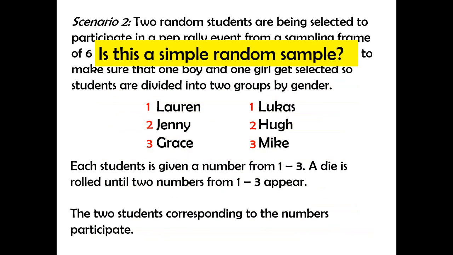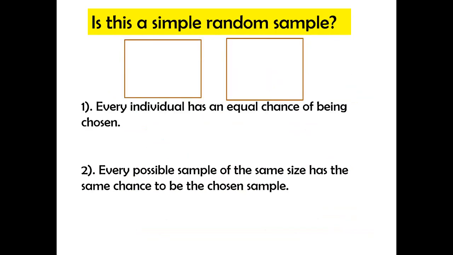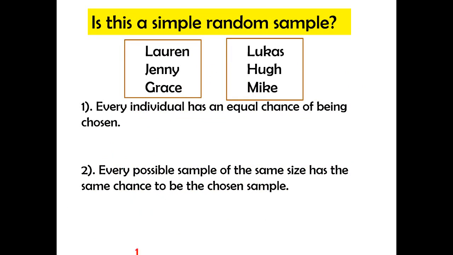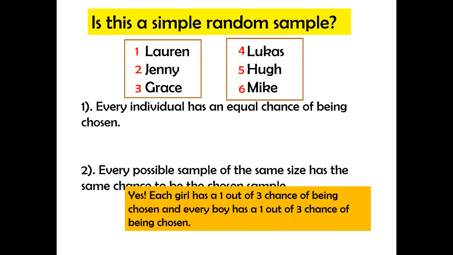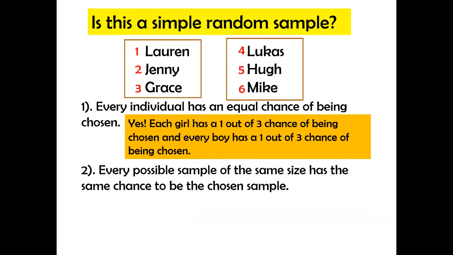The 2 students corresponding to these numbers participate. Is this a simple random sample? All right, so we have our 2 groups. Does every individual have an equal chance of being chosen? Yes, each girl has a 1 in 3 chance of being chosen, and each boy has a 1 in 3 chance of being chosen. But does every possible sample of the same size have an equal chance of being chosen?